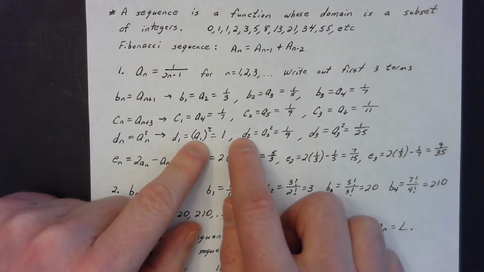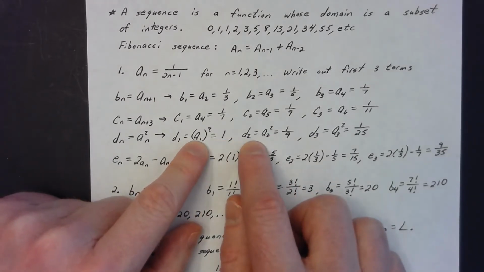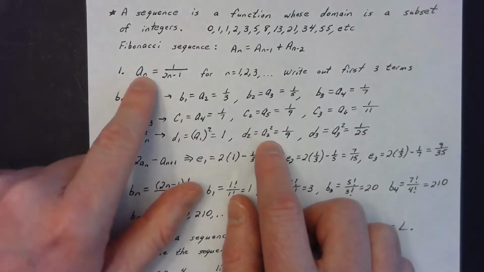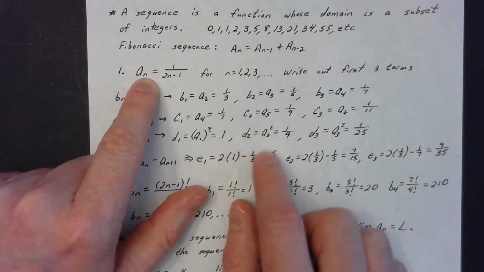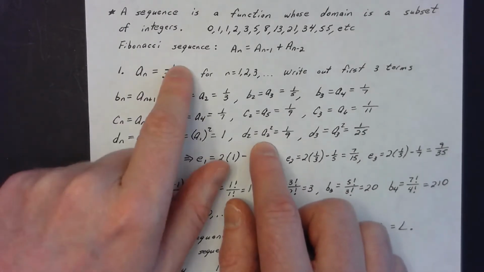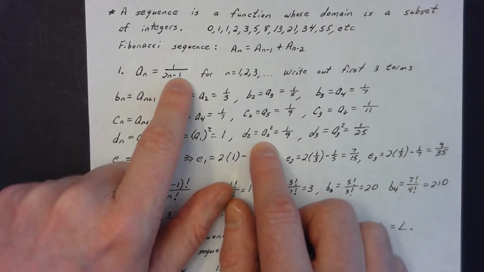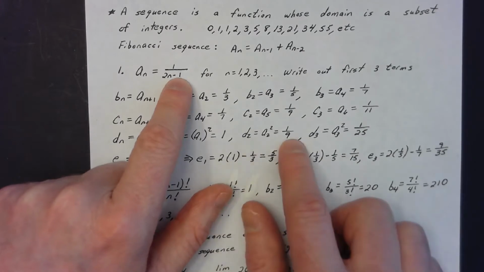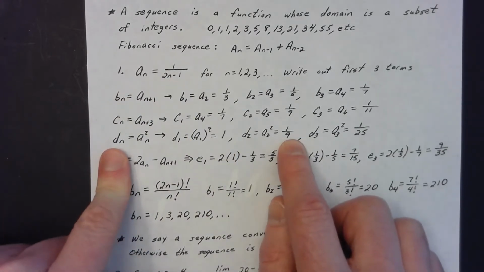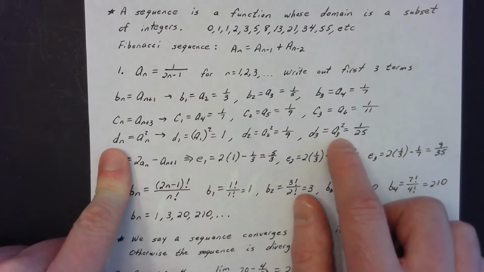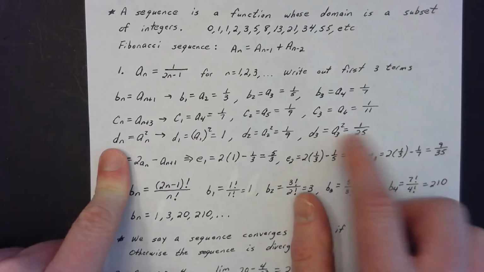If I say d evaluated at 2, then it's whatever the sequence a is evaluated at 2, quantity squared. A evaluated at 2 is going to be 1 over 2 times 2 minus 1, or 1/3. We square that to get the sequence d, and I get my 1/9. Similarly, a sub 3 would be 1/5, and then d sub 3 is going to be that number squared, for 1/25.